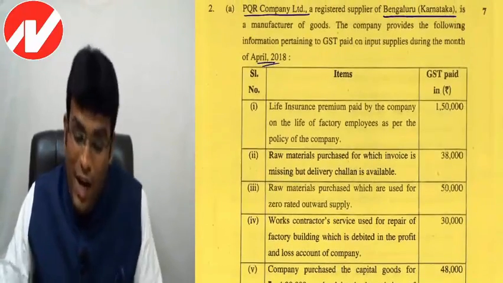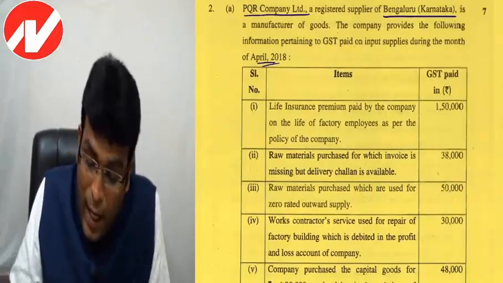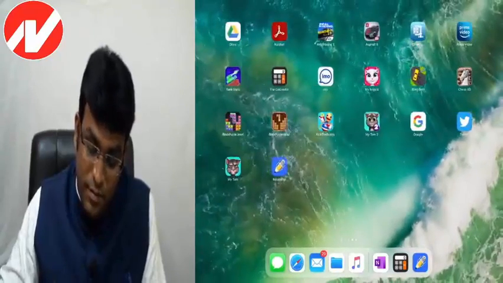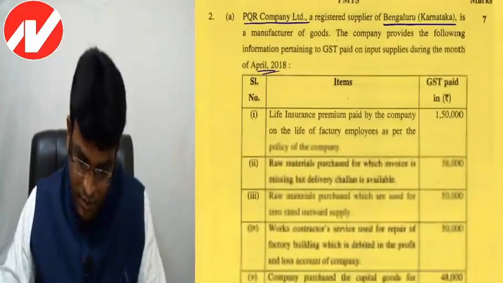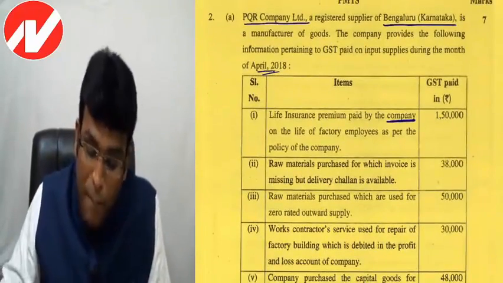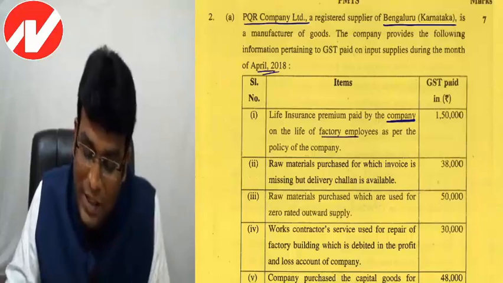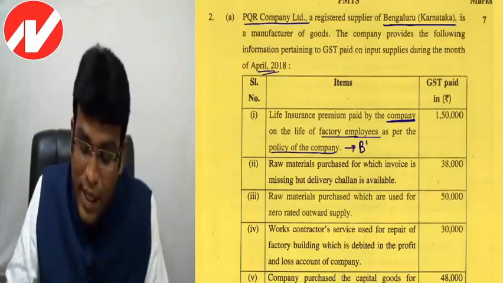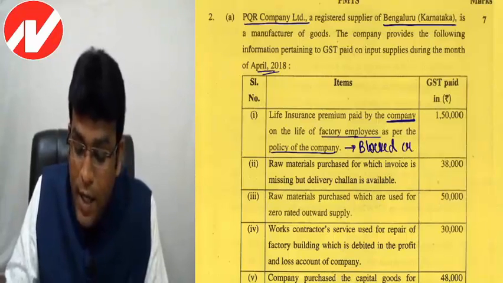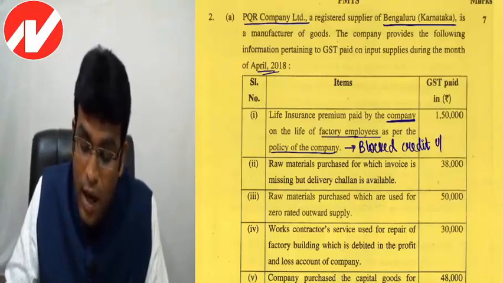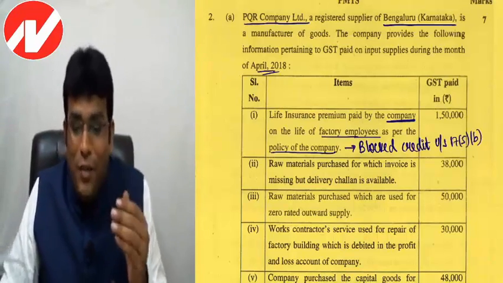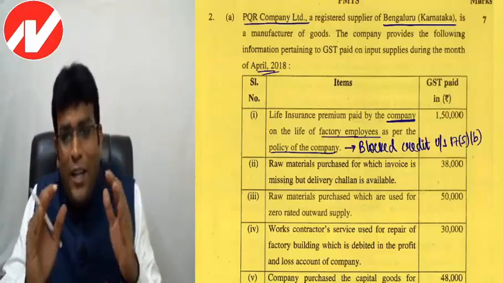First one. Life insurance premium paid by company on the life of factory employees as per policy of the company. This is a blocked credit under section 17(5) clause B, because in case of life insurance and health insurance, credit is not allowed.